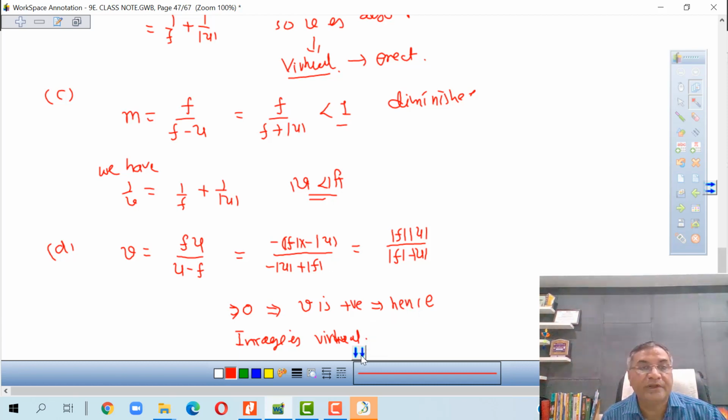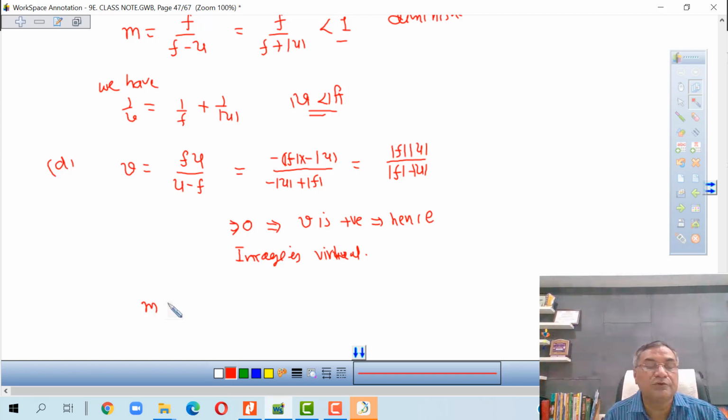And now next one is the enlarged. So m is equal to magnification f upon f minus u.